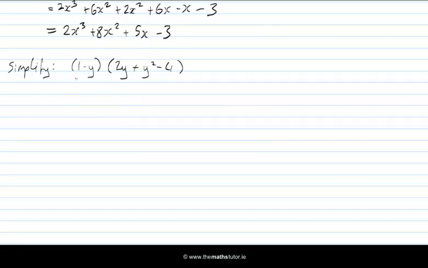Now in this example I have the 1 minus y times 2y plus y squared minus 4. Again, just taking this first term in the first bracket, the 1, multiplying it by this whole bracket, and then the minus y in the first bracket, multiplying it by the entirety of the second bracket.